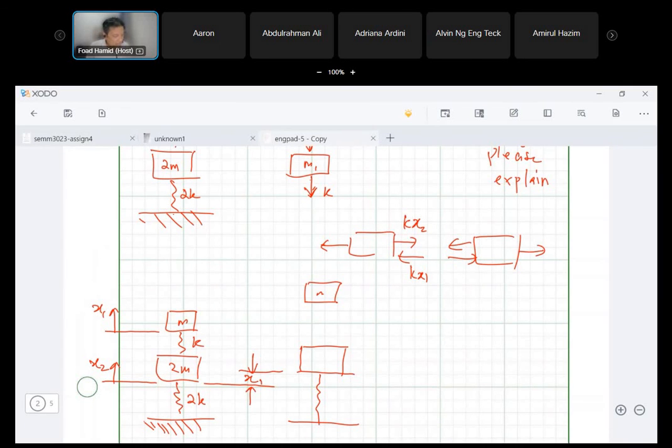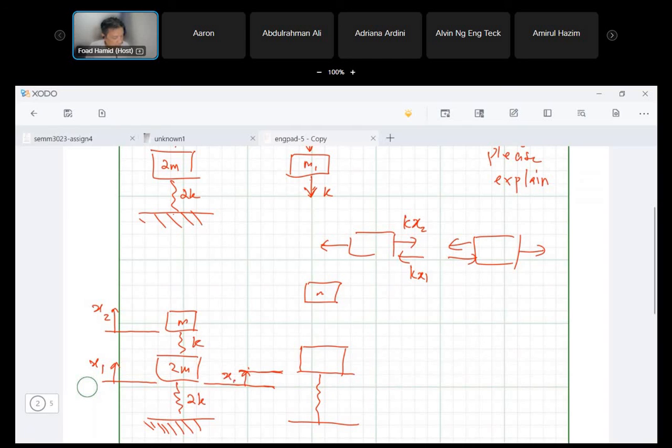It is upside down. It should be the other way around. So this is x1, this is x2. Sorry for the mistakes. So now I know that my bottom mass moves from that position to this position.